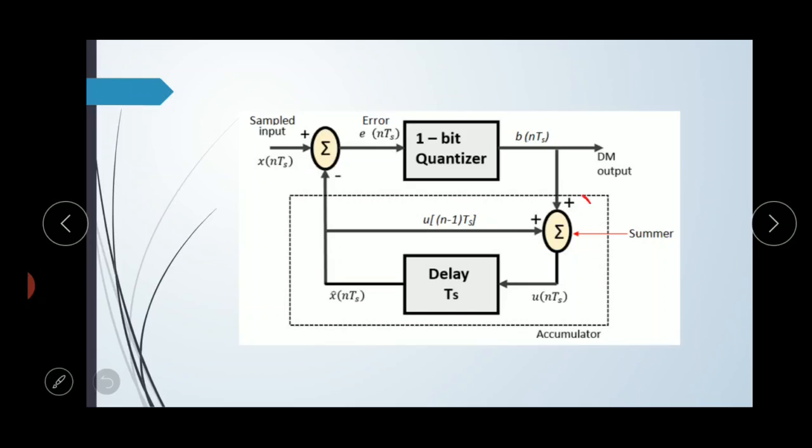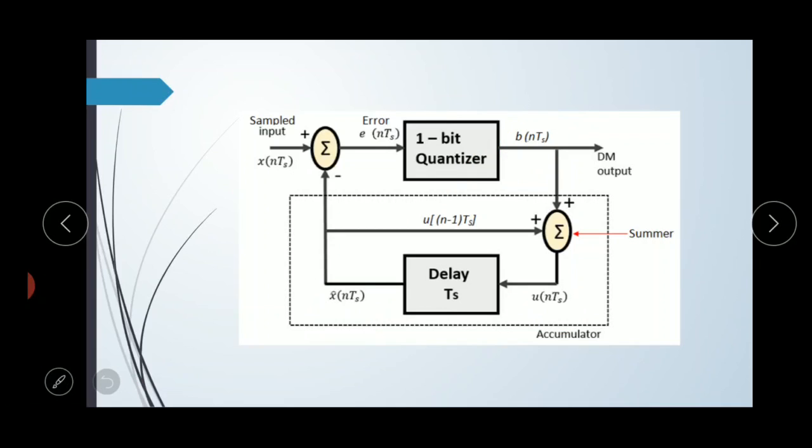So it adds the b of nTs and u of (n-1)Ts. So always remember this x cap of nTs and u of (n-1)Ts are both the same signal. So the summer adds these two signals. This gives present sample approximation. So at the output we get the present sample.